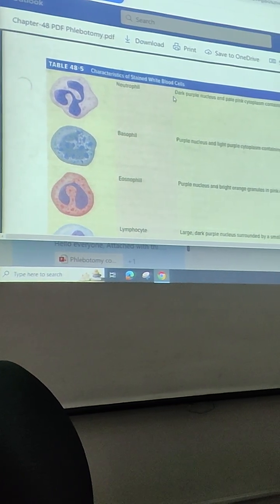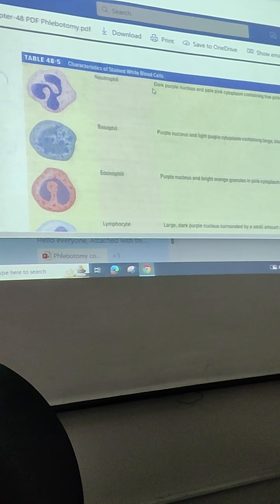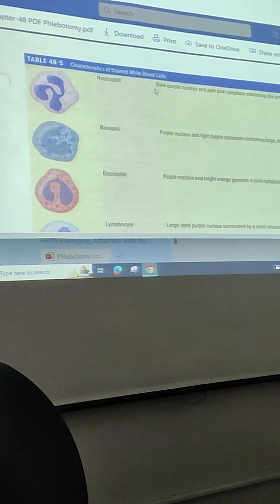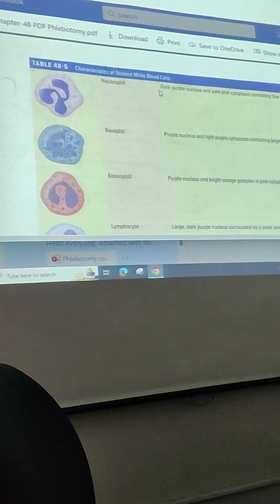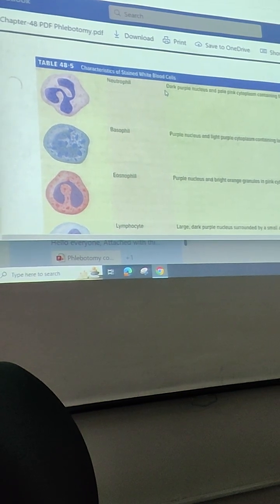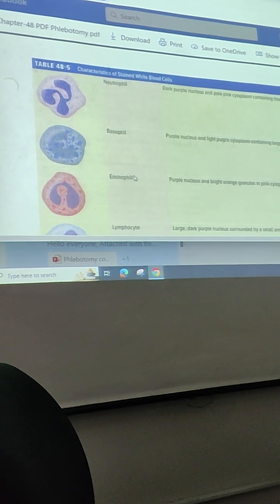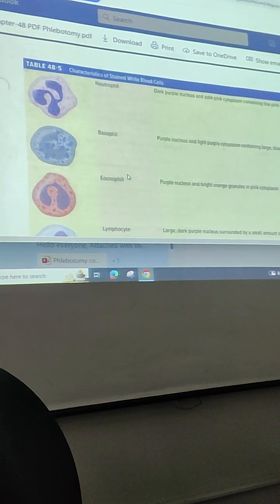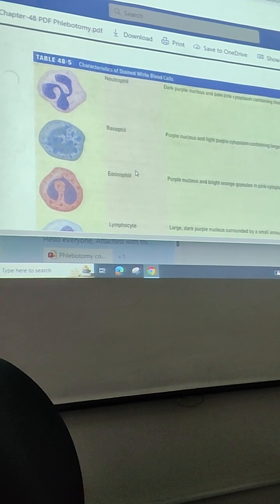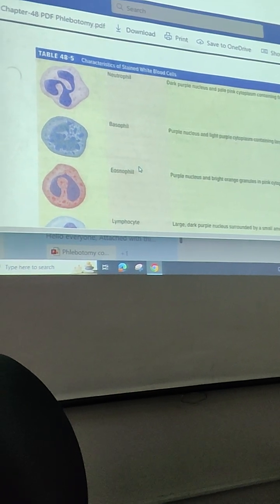So, like we said, when the doctor says take WBC with differentials, if neutrophils are increased, it's an acute infection. If eosinophils, these are eosinophils. Phil, like we said, means love. So eosinophil means it likes eosin stain and it imbibes it and changes to a dark color.